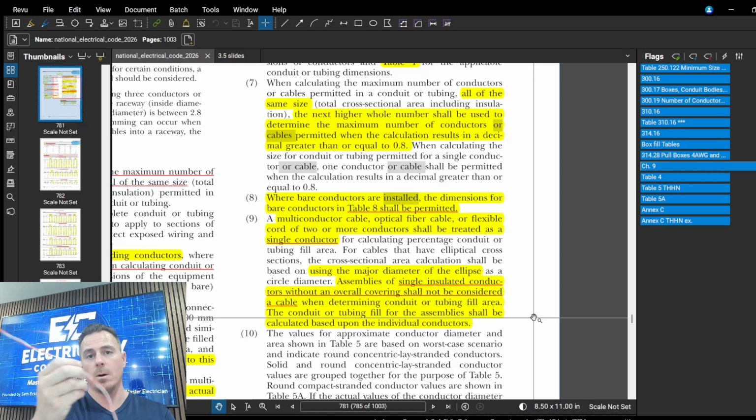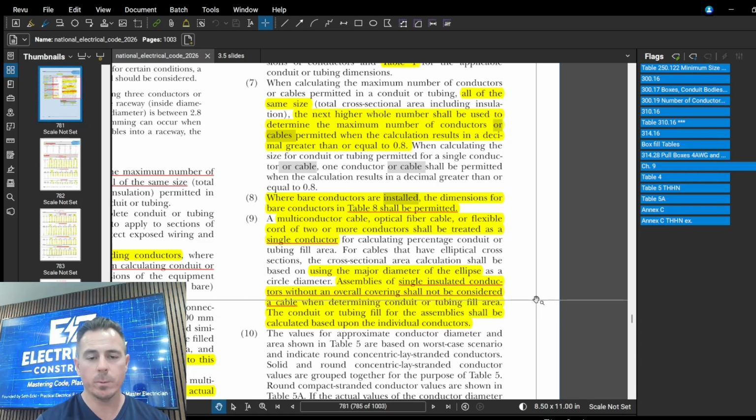I bought this, it was all on one roll. The wires twist around each other, and as I pull it off, 2 wires are being pulled off at the same time. These 2 wires are not considered a cable because they do not have an outer jacket holding them together. These would have to be calculated just like all other individual wires are calculated in chapter 9.